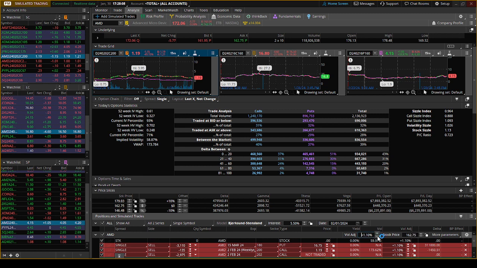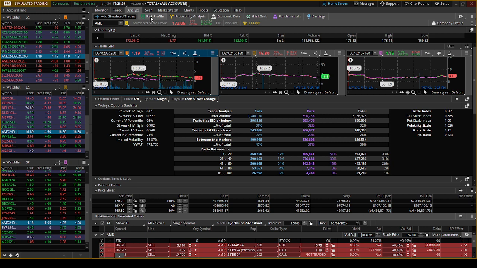Oh, it's kind of interesting. So you don't want it to go up too much. As you can see by the P&L, if it bumps up too much, we actually could potentially lose money too.